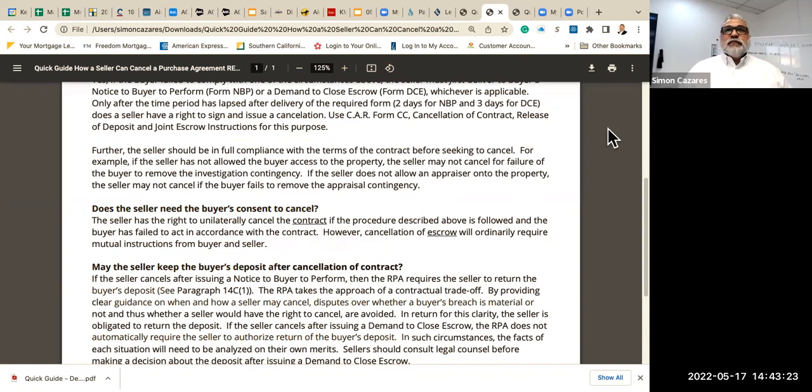Now, when you start altering these contracts, and I encourage you not to start modifying, leave the contracts alone. It's funny, a lot of real estate agents like to practice law, and they say, well, we want to modify based on what the seller's request.